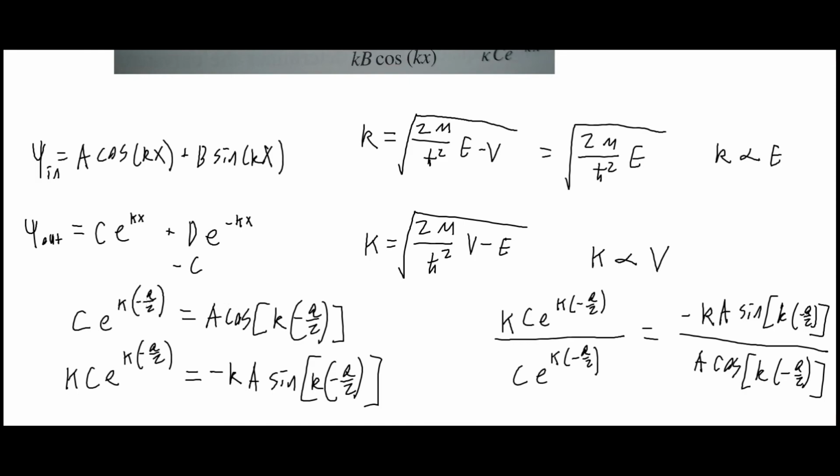And so we saw that here, that we want our function at the edges to be equal. So the function outside the well equals the function inside the well at the two edges, and we want the first derivatives to be equal to each other at the edges.